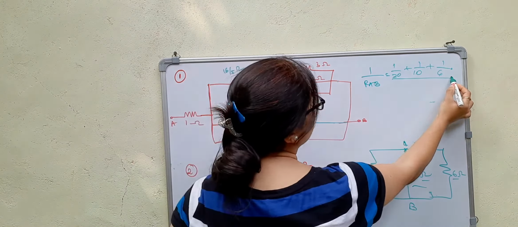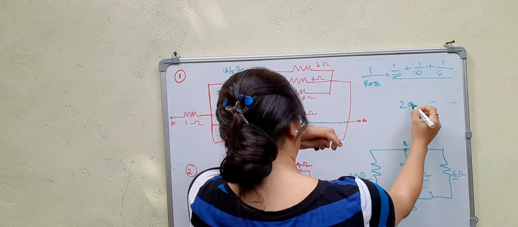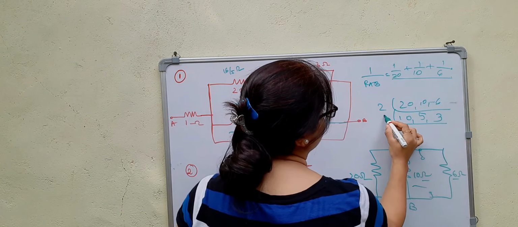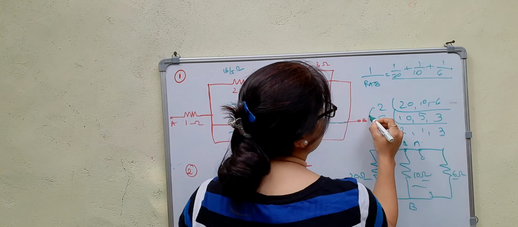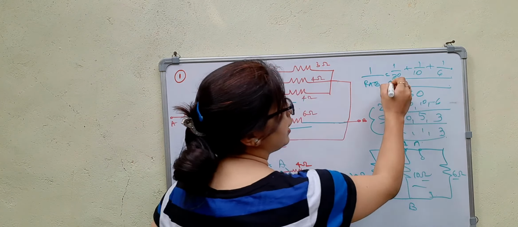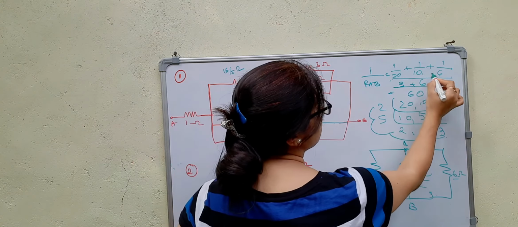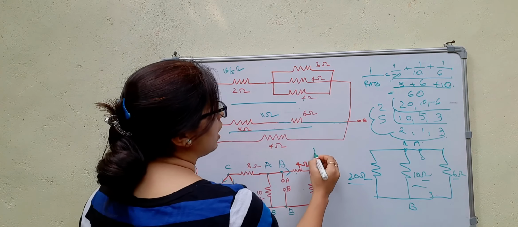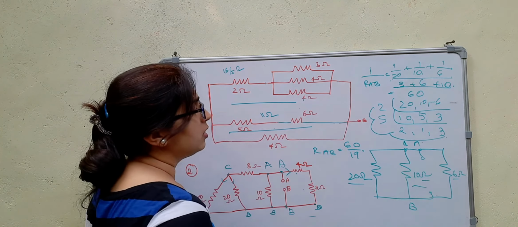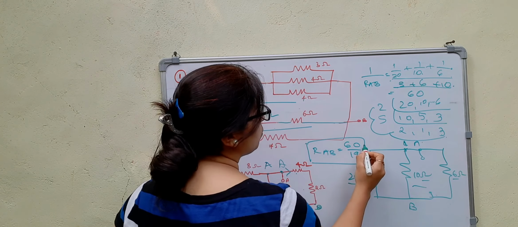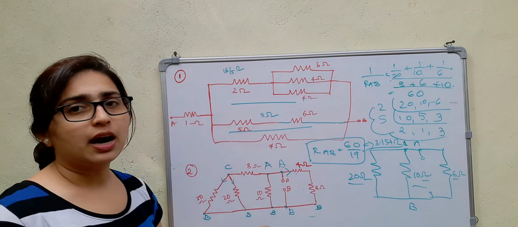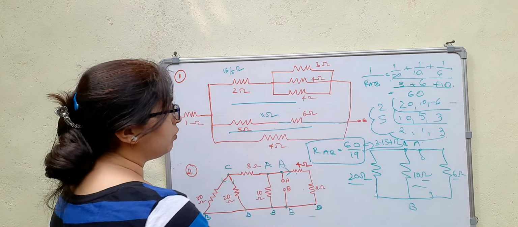Taking the LCM, it is 60. Then you can consider this as 3 plus 6 plus 10. So RAB will be equal to 60 divided by 19, which is almost 3.157 ohms. That will be your RAB. So this is the equivalent resistance.